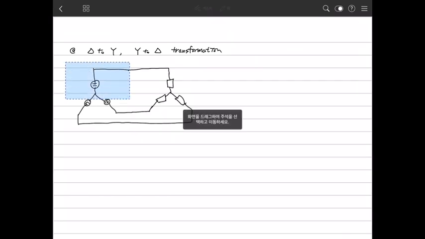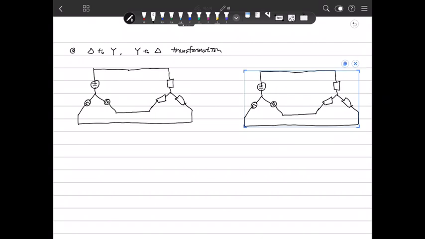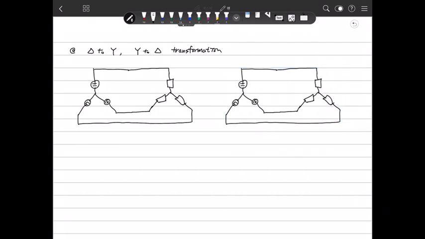Or we have a source, but that is not Y. We can connect the load in this manner.